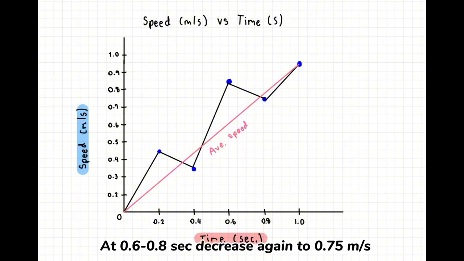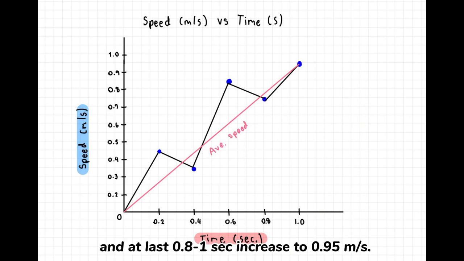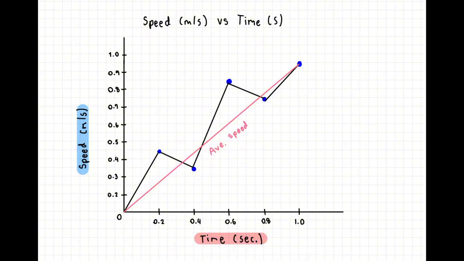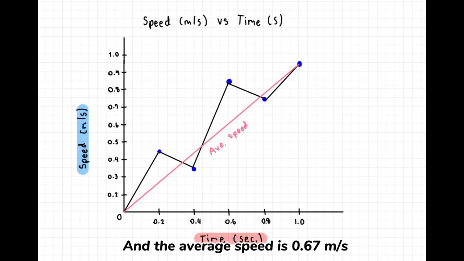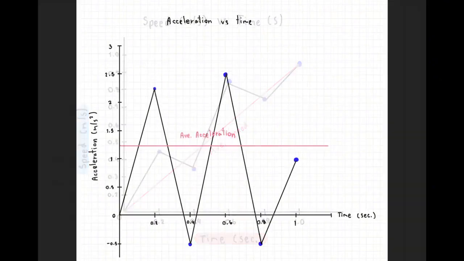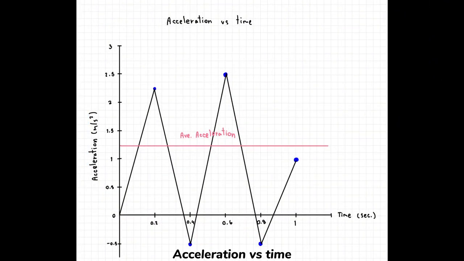At 0.6 to 0.8 seconds, it decreases again to 0.75 meters per second, and at last, at 0.8 to 1 second, it increases to 0.95 meters per second, and the average speed is 0.67 meters per second.